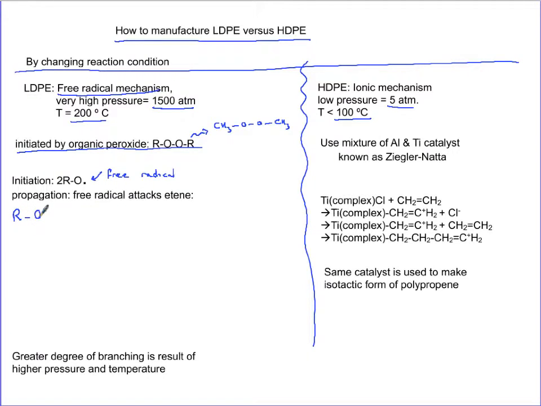So the peroxide radical is going to attack the ethene, and it's going to produce another radical, with a single bond and a dot.